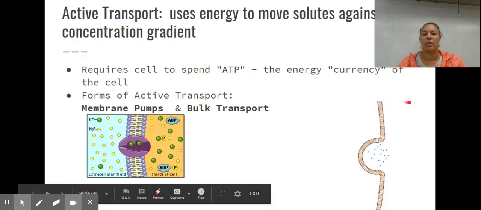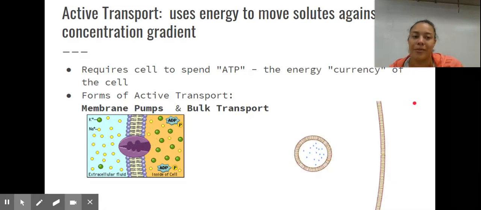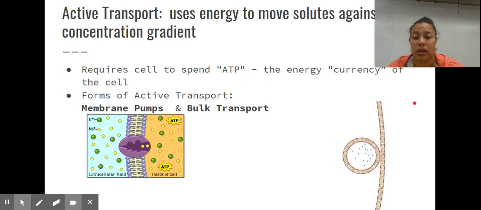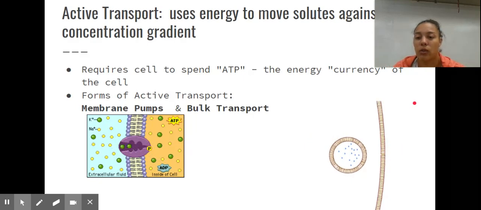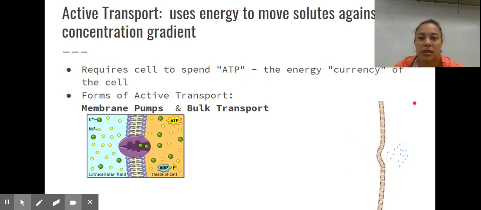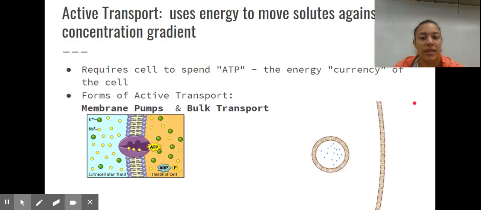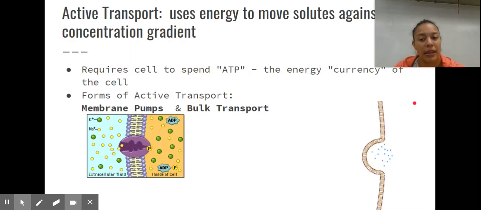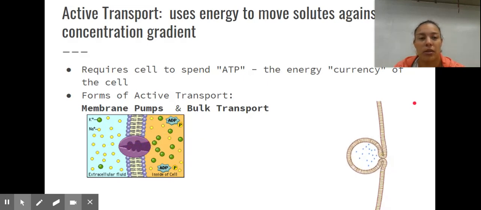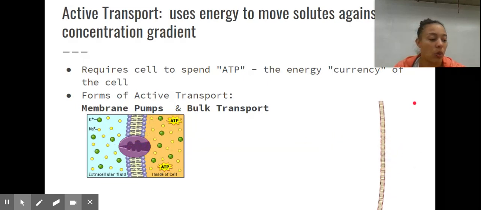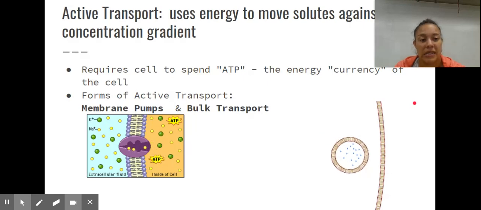And then just like a personal note on this one, one of my really, really close friends has a little boy who has an issue with this sodium potassium pump. If this isn't doing what it's supposed to, it can lead to several different factors. One of them is something known as cystic fibrosis, which we're going to be doing a group case study on.